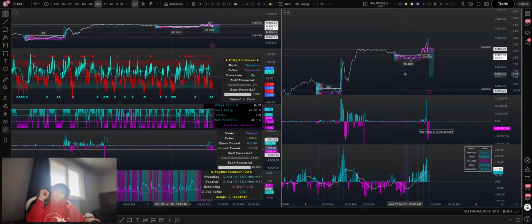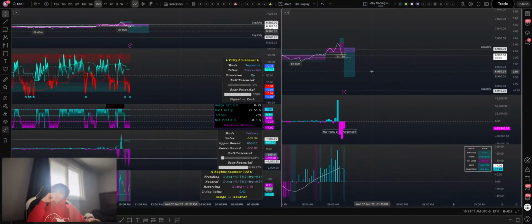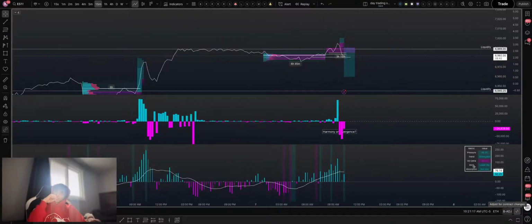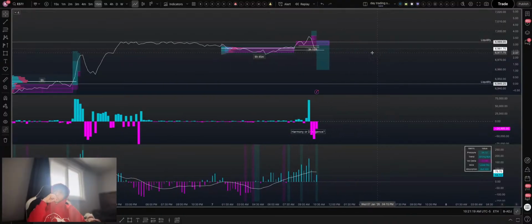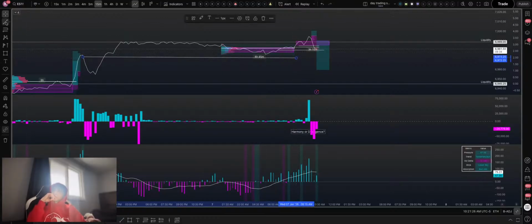So yeah, we're not smooth sailing yet. We still have these lows to break. Still have to break this area, and once we get to this area, that's our take profit anyways.